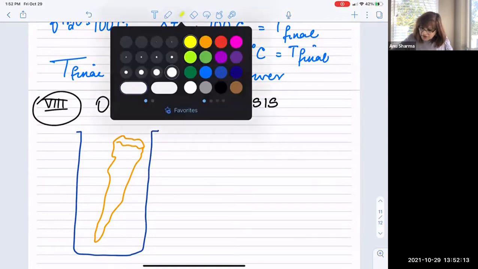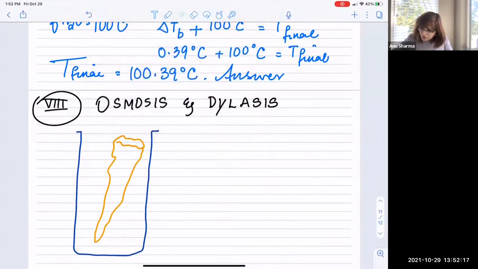So there is less water inside the carrot, but more water outside the carrot. So the concentration of water is more outside, but the concentration of water is less inside. So this is a law of nature. Things flow from a higher concentration to a lower concentration.